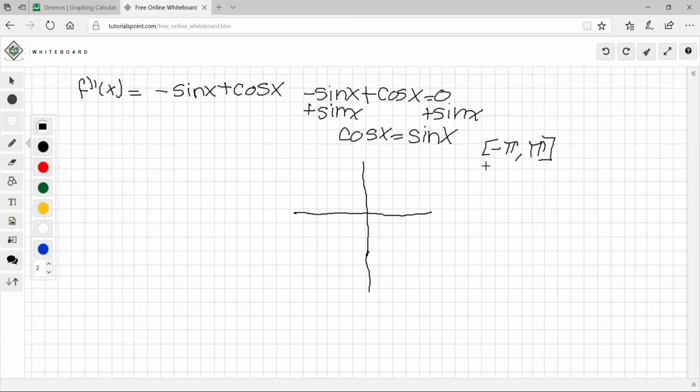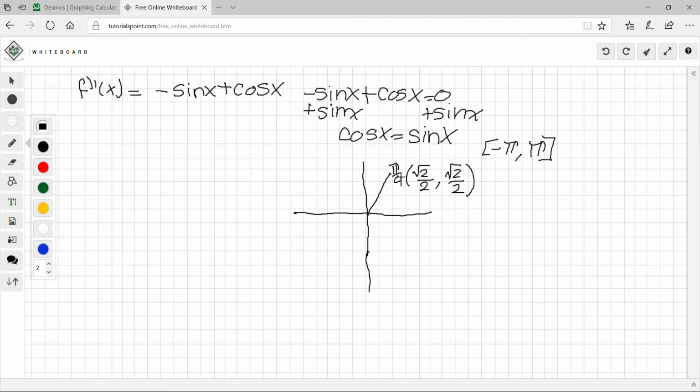So I will use positive pi fourths because it gives you the coordinate of root 2 over 2 comma root 2 over 2. Is it true? So the cosine is root 2 over 2, and the sine is root 2 over 2, so that's true.